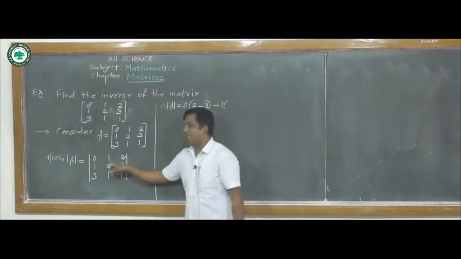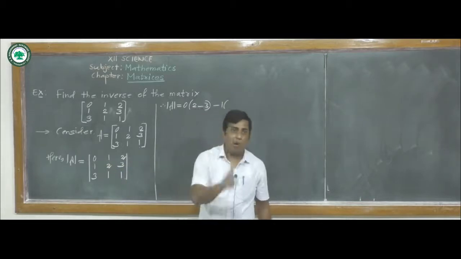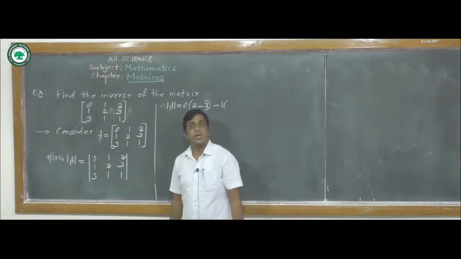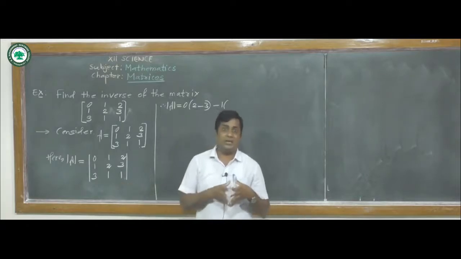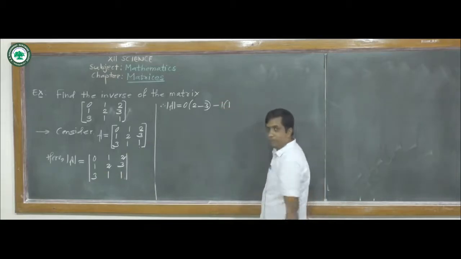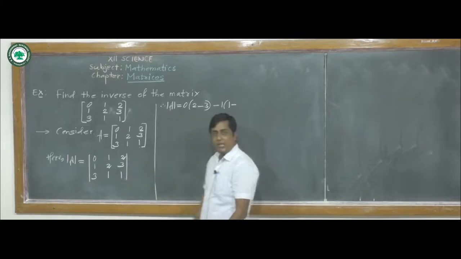The position of this 1 is the first row and second column, so we eliminate the first row and second column. The calculation is on the remaining elements. So 1 into 1 is 1, next with minus sign, 3 into 3 is 9.